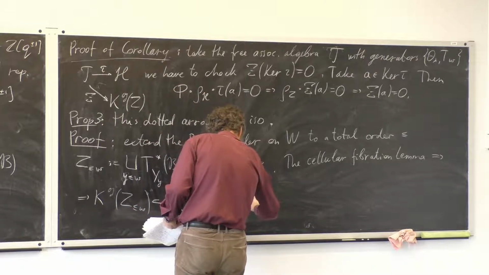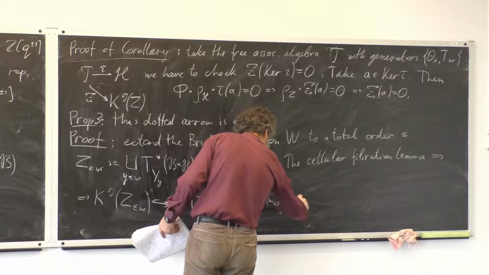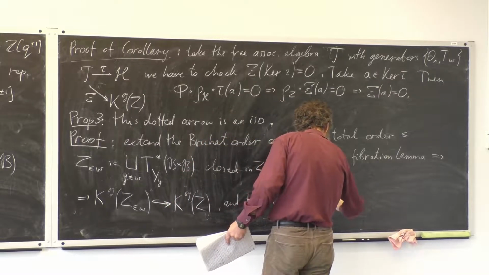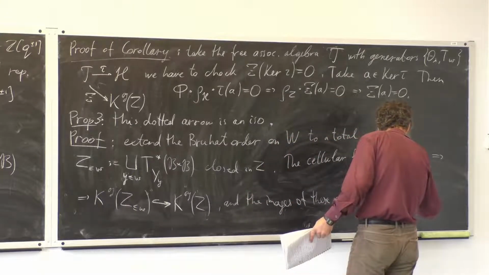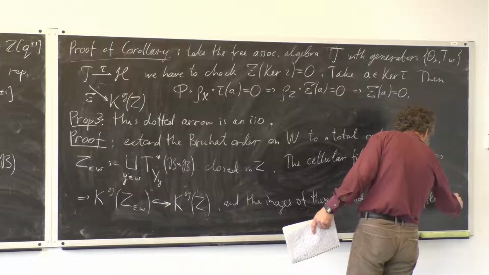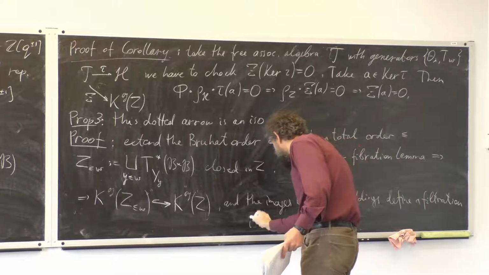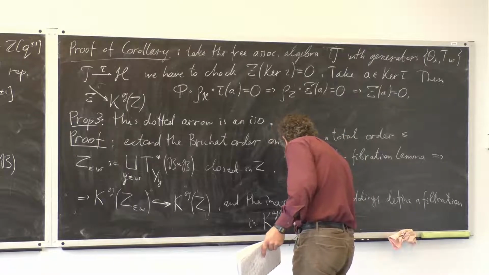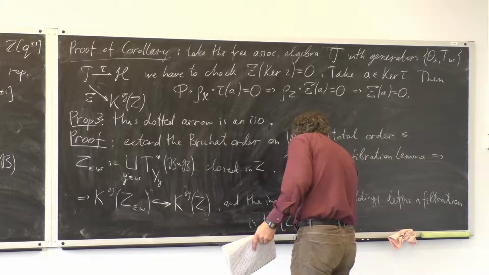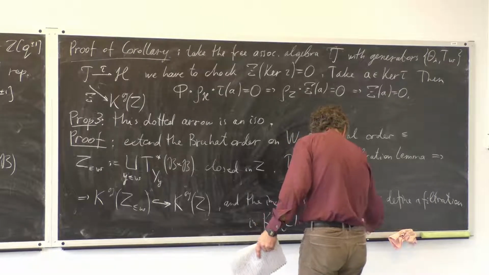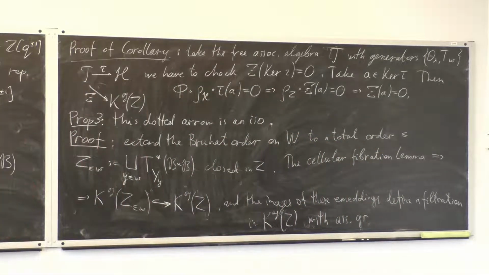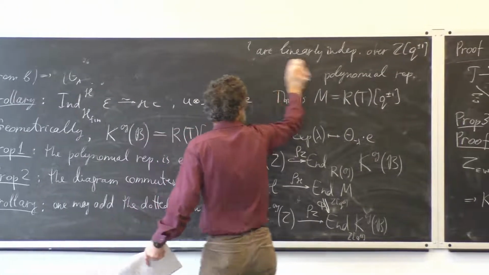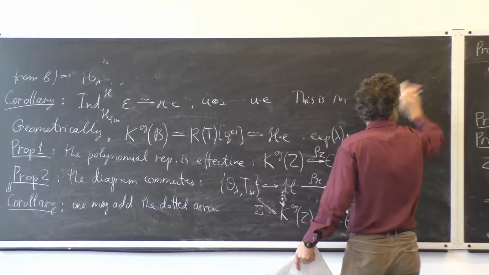And the images of these embeddings define a filtration in this equivariant K theory of Steinberg with associated graded quotients just the equivariant K groups of conormal bundles to single orbits.